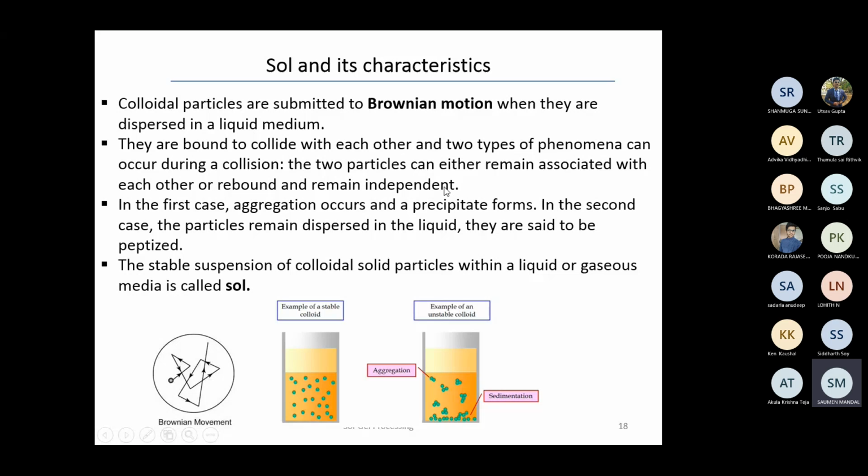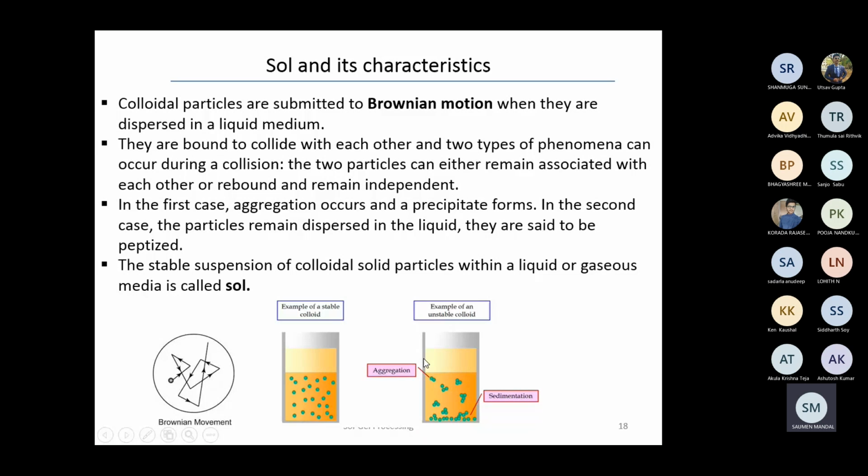If it is independent, we can say the particles remain dispersed in the liquid, and that is called peptized. There are peptization methods available, and a stable suspension of colloidal solid particles in a liquid or gaseous medium is called a Sol. You can see that it has Brownian motion, and this is an example of a stable colloid.